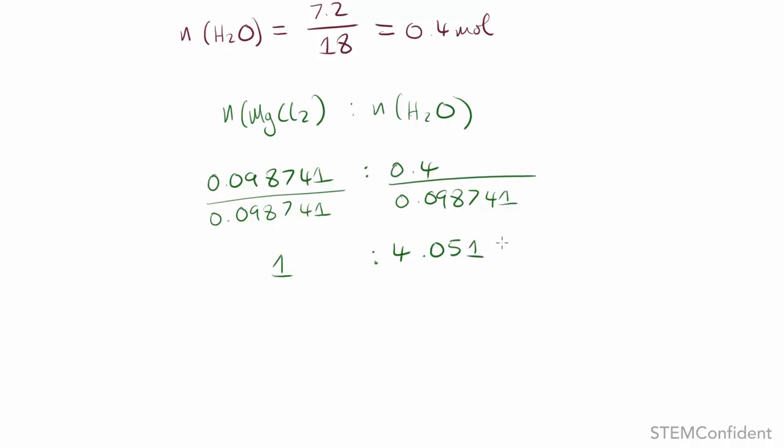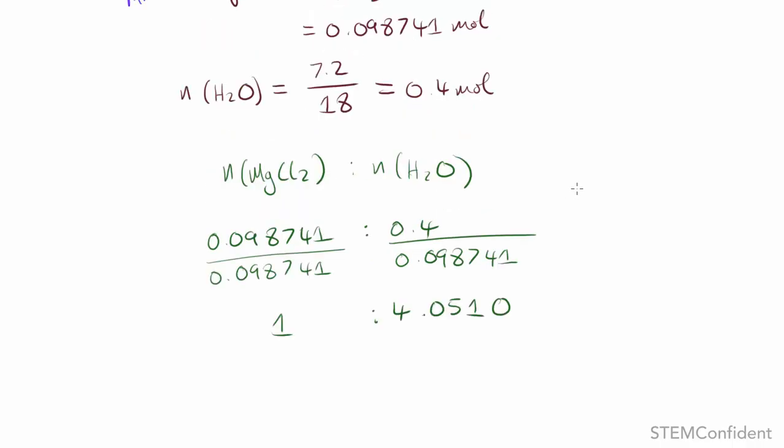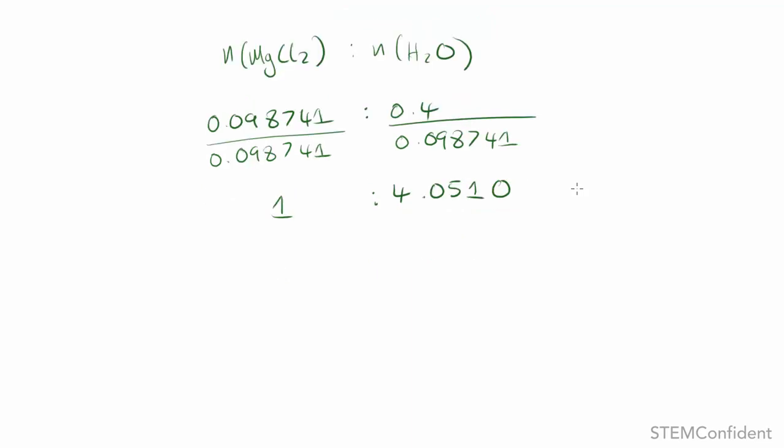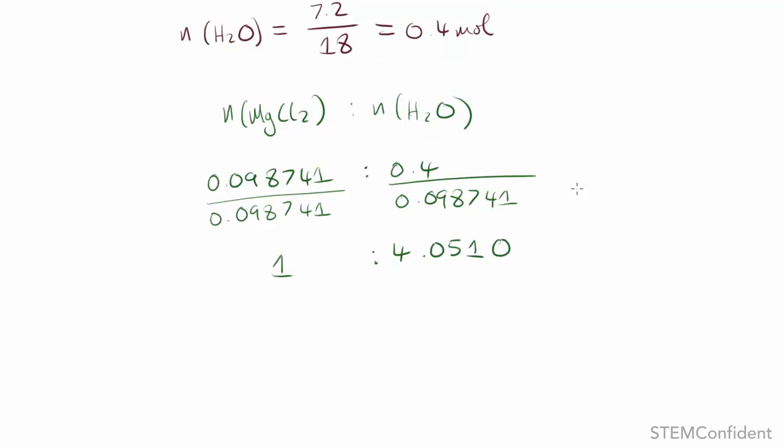Okay, so now what we want to do at this stage is consider that we really need integer values, and so we're going to round the value on the right-hand side. We're going to say that 1 is in a ratio where it's approximately 4 on the other side. If you round it, it's basically 4, right?